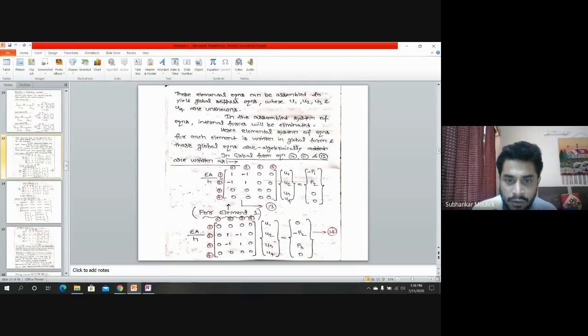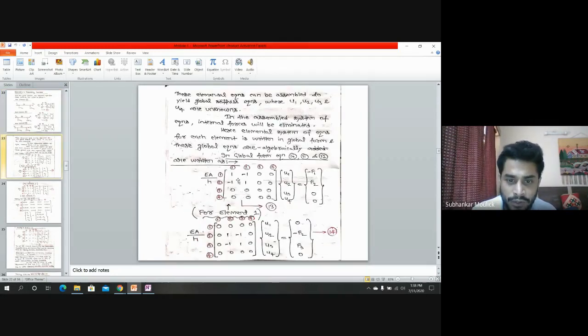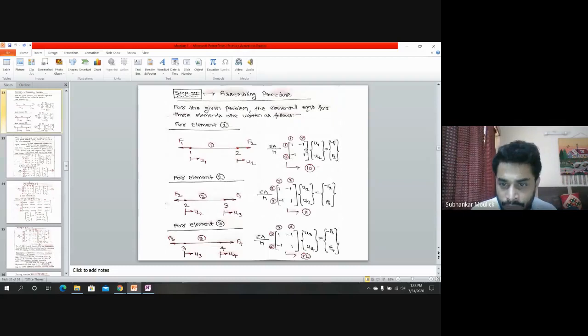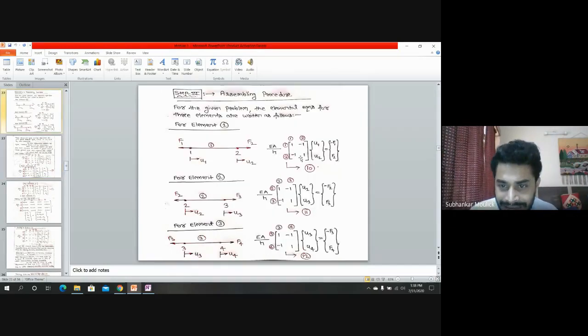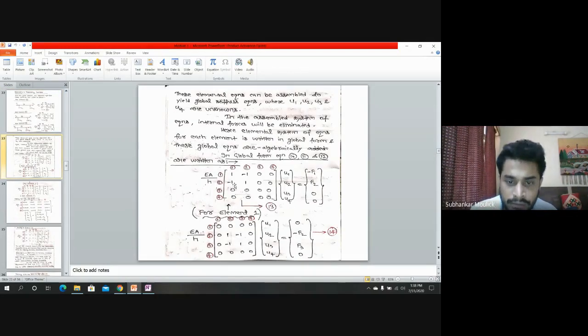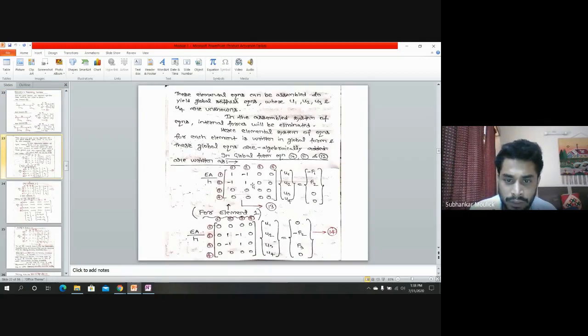So see, first row, first column, value is 1. I have written 1 over here. Then first row, second column, value is -1. I have written -1 over here. Second row, first column, value is -1. And second row, second column, value is 1.